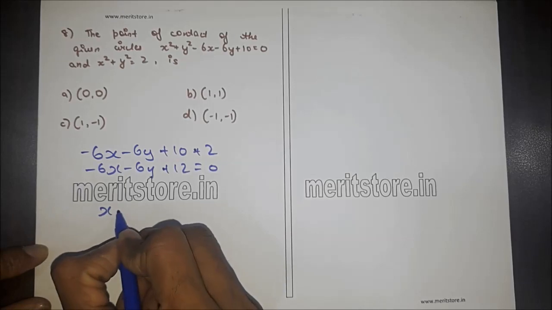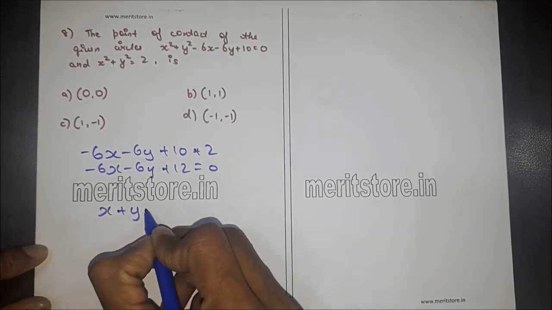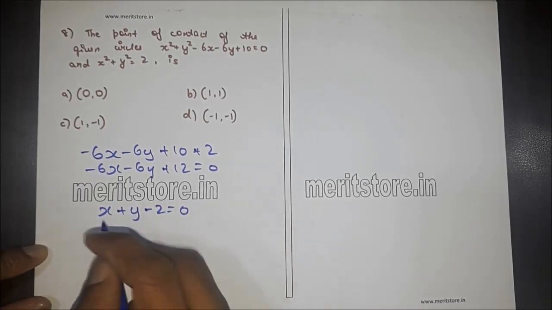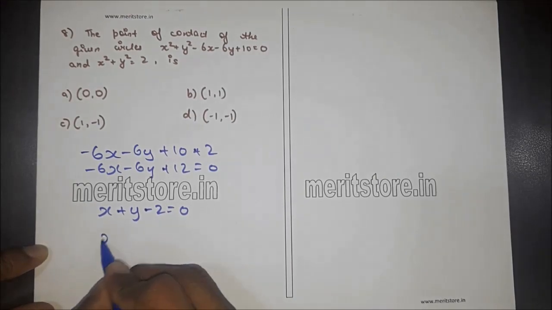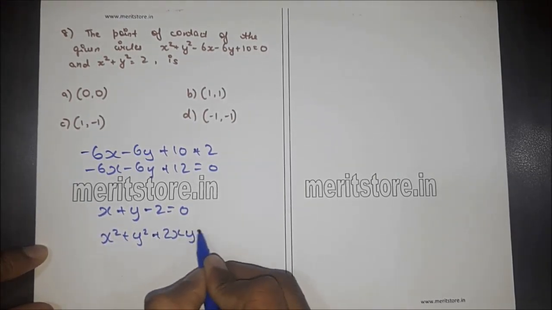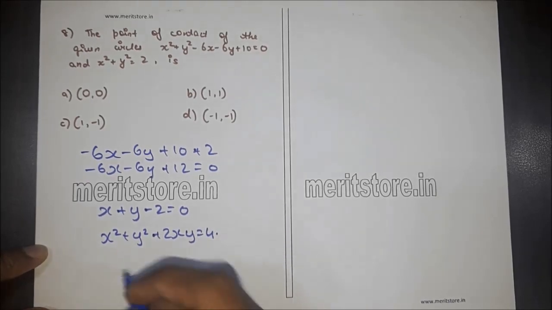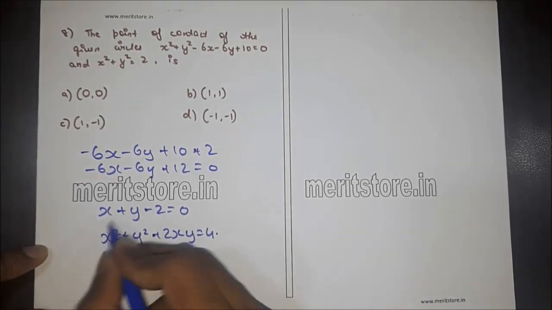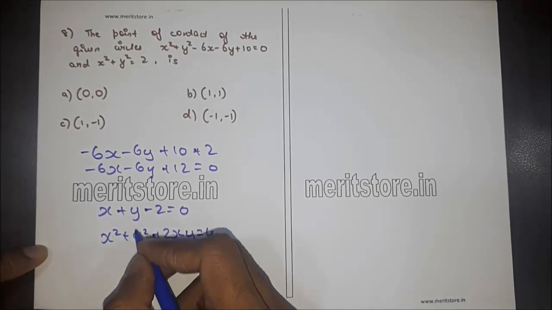Solving, we get x plus y minus 2 equal to 0. Squaring this, we get x square plus y square plus 2xy equal to 4, substituting x square plus y square equal to 2.